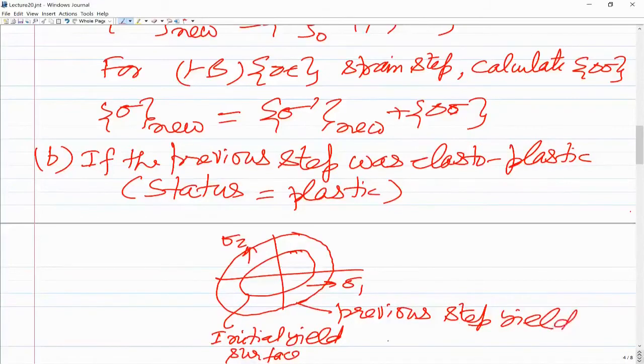Sir, actually it is isotropic hardening, na? Yeah, this I am demonstrating for isotropic hardening.